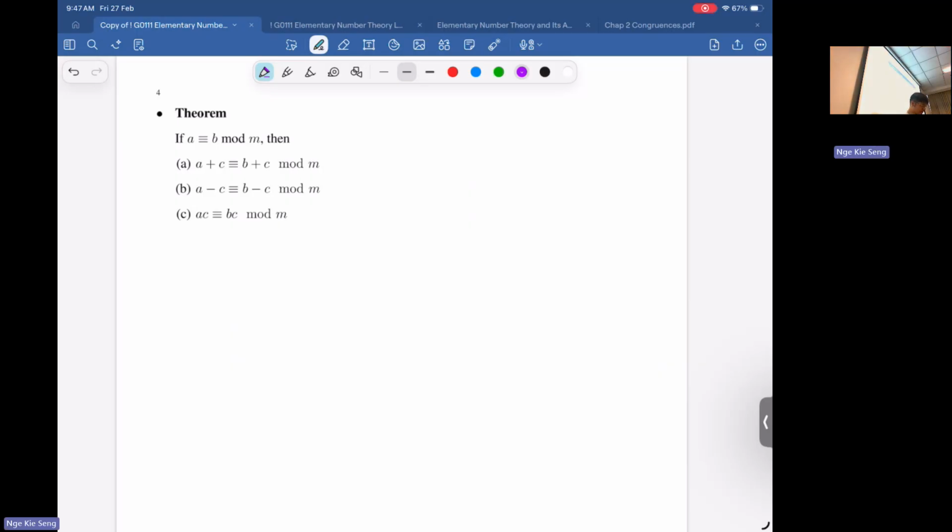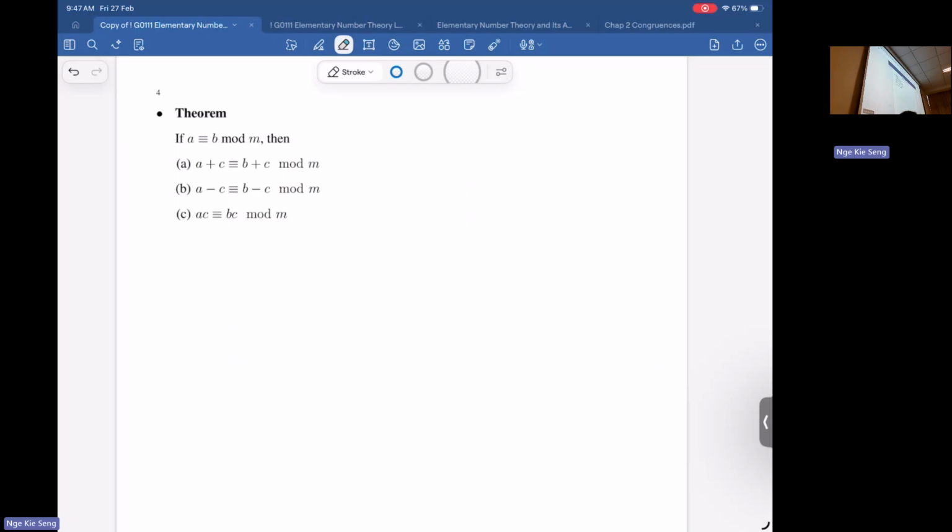Or if I multiply by the same number, they also have the same remainder. So if you remove this mod M, this is what is true in the number system. For now, what we want to tell you is it is still true after we introduce this new number system, the modular M number system.